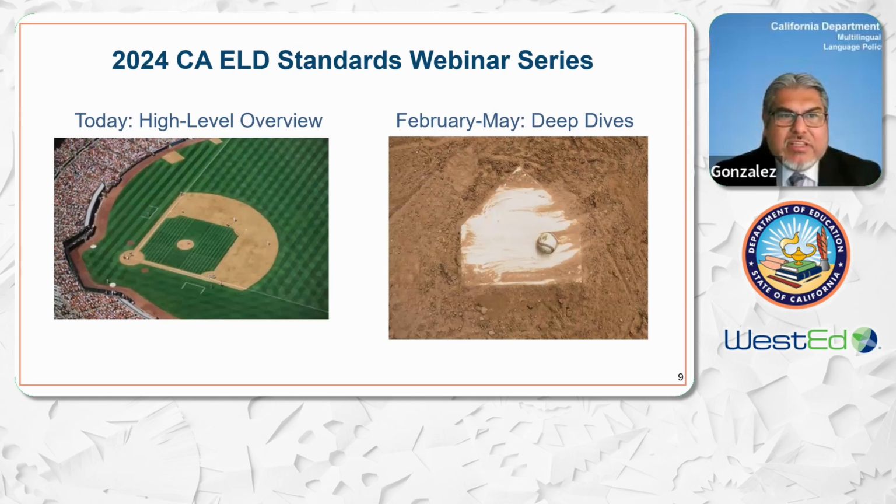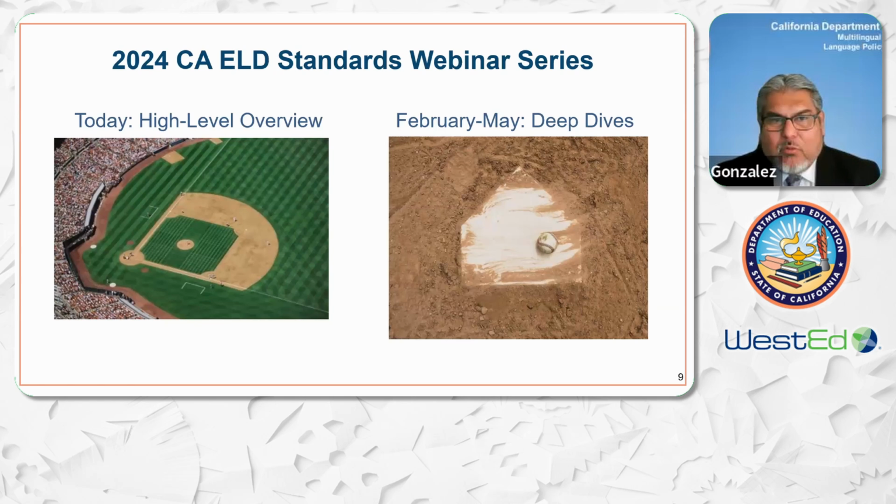The California ELD standards webinar series includes 5 webinars in total. Just like the photo on the left of the slide shows an overview of a baseball field, today's webinar will provide a high-level overview of the ELD standards and the publication's chapters.